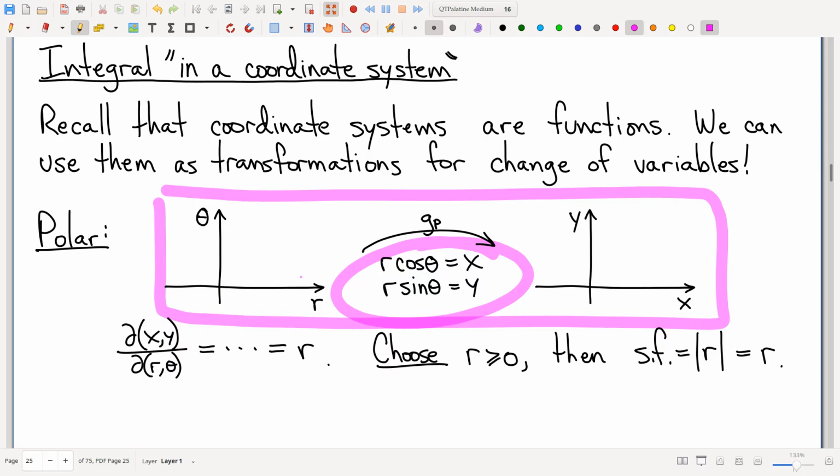I can view R and theta as the pullback space, and x and y as where I would pull back from, because it's 2 variables in, 2 variables out. And if you use this as a change of variables function, you can compute your Jacobian determinant, and you get R. Nice, simple little formula.